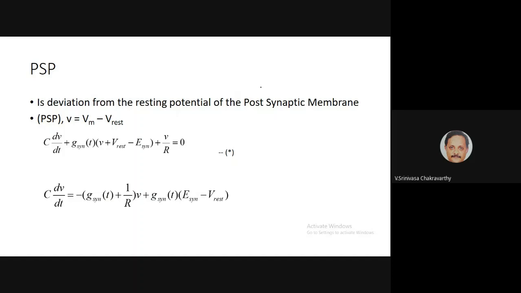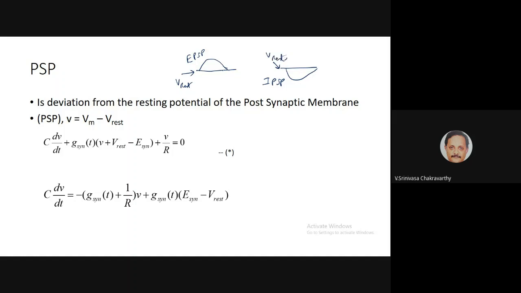Because if you look at EPSP and IPSP, in case of EPSP, you have a positive deviation. In case of IPSP, you have a negative deviation. And it's a deviation from the resting potential, Vrest.